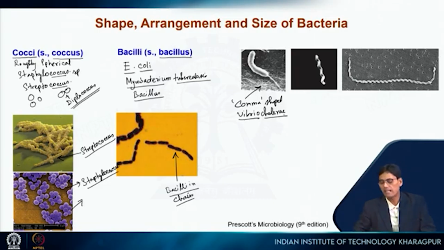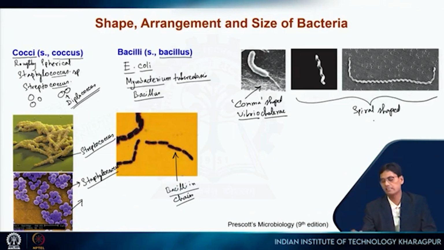And apart from that, as you can see here, some are somewhat spiral shaped bacteria. And this spiral shape has some kind of advantage for them, because, as you can see, this is almost like a screw. As a result, it helps their motility.